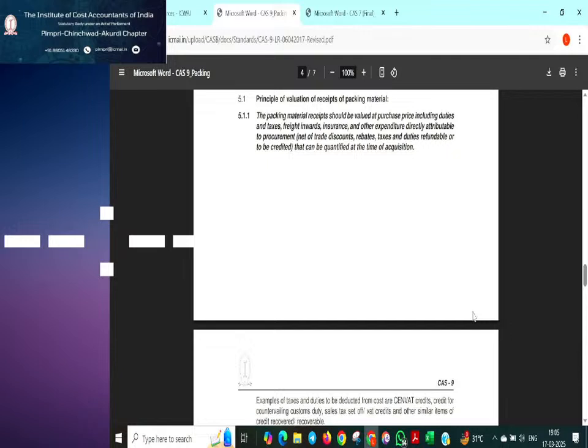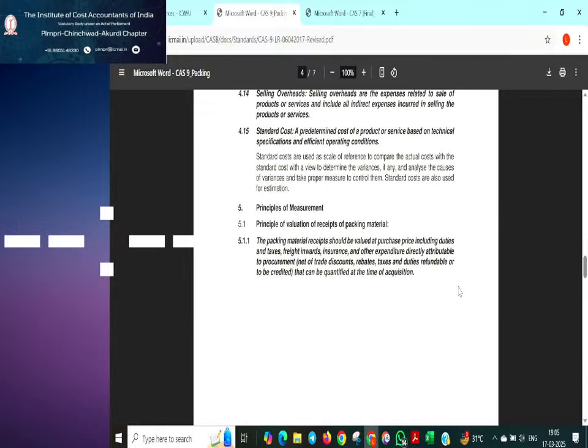So likewise, now coming to principles of measurement. Whenever you are preparing for your exam, choose this principle of measurement for all the cost accounting standards and give it a read through. That will help you to work on practical problems as well as MCQs. So, principle of valuation of receipt of packing material.